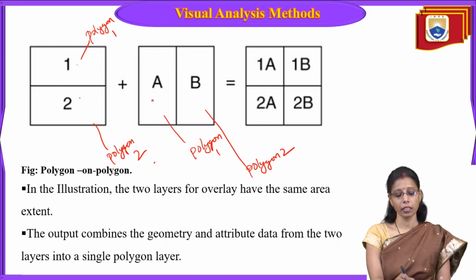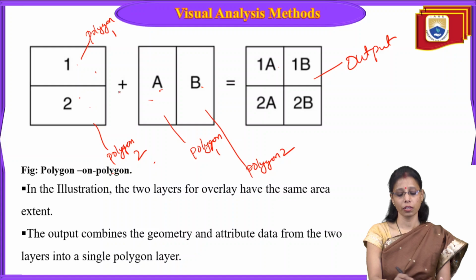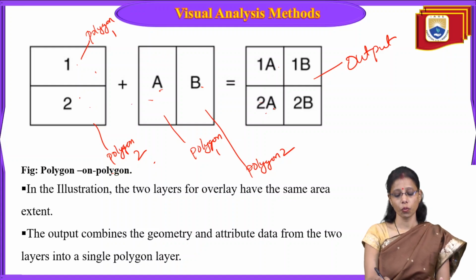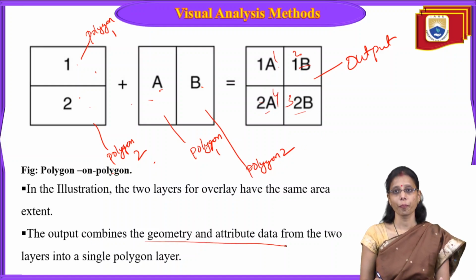Now if you combine these two, 1, 2, A, B, what are you going to get? This is the output. 1A has combined here, now 2A, 1B, 2B. So it has combined into 4: 1, 2, 3, 4. So this is your output. The output combines the geometry and the attribute data from two layers into a single polygon layer.